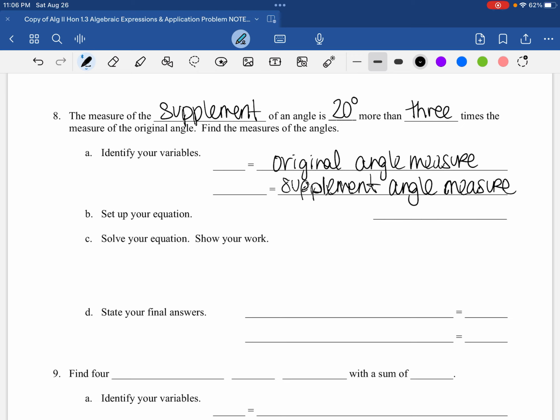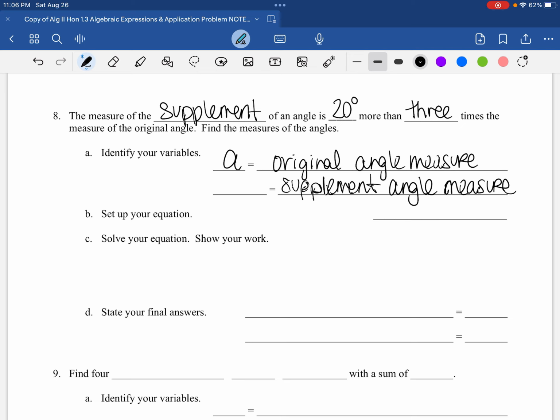Now the question is, how do we identify this? So we're not going to have two different variables. We're going to have one variable and another variable that is affected by that. So when we look at the problem, it says the measure of the supplement of an angle is 20 more than 3 times the measure of the original. So that means the original is just itself. Now remember, when you're picking variables, you don't want to pick O or I. Any other variable is free game.